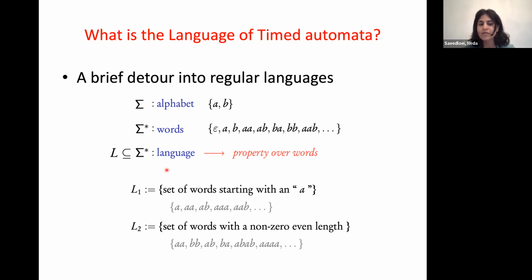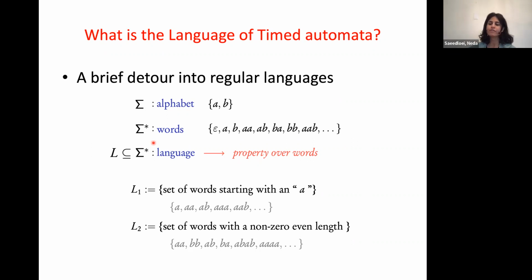The language is any subset of sigma star as long as the members of this language L satisfy some property. For example, L1 defined over the alphabet sigma could be the set of all words starting with an A, or L2 could be the set of words with a non-zero even length.